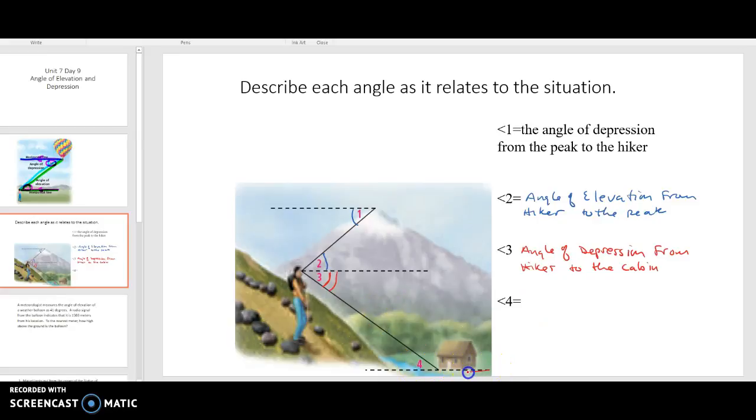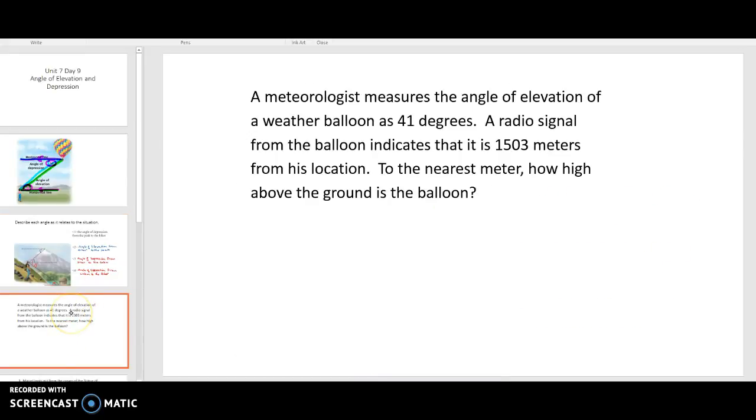Well, here you have your horizontal line of sight here, and as you can see, you're going up. And that is the angle of elevation from the cabin to the hiker. So that hopefully will help you understand the difference between angle of elevation and depression.